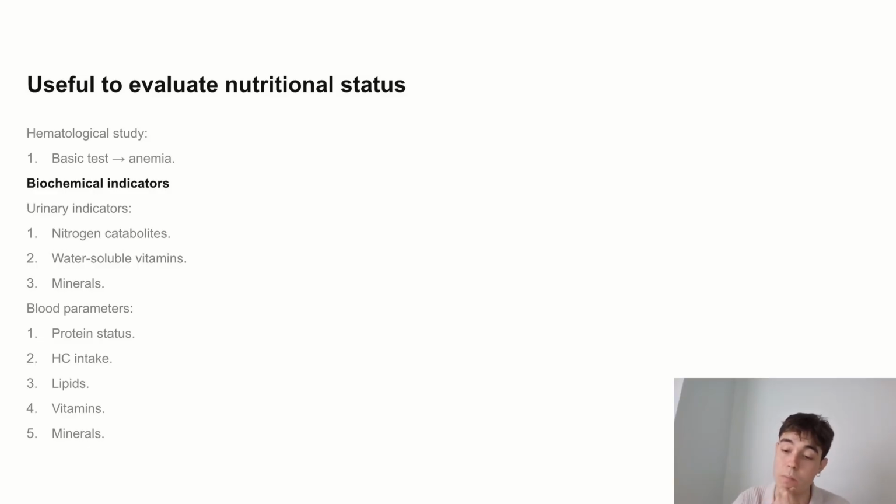Okay, it's important to know the role of cholesterol and the whole nutrients in our body to understand all these things. In vitamins, we can use different biochemical indicators for detecting the deficiencies. If talking about the minerals, we can also detect some deficiencies just looking for the minerals in the blood. We have two different methods.